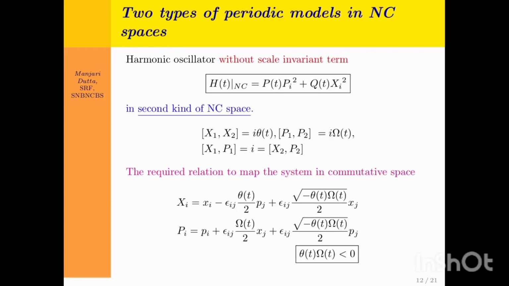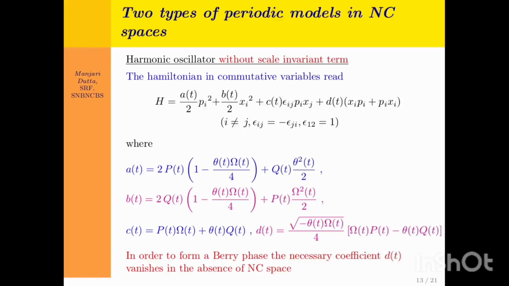Here is the second system. This is the Hamiltonian of a time dependent harmonic oscillator. Here there is no scale invariant term, and this is the non-commutative space structure. Such a non-commutative space was recently introduced in the literature. You can find the corresponding reference in the reference section at the end. After variable shifting, this is the form of the latter Hamiltonian, where the time dependent coefficients are also functions of the non-commutative parameters.